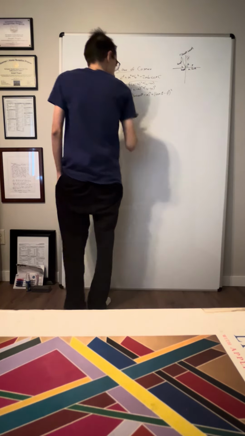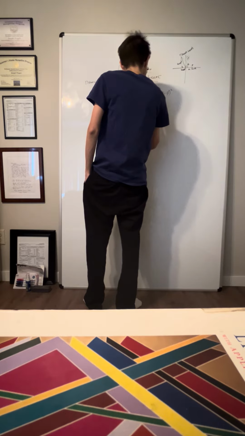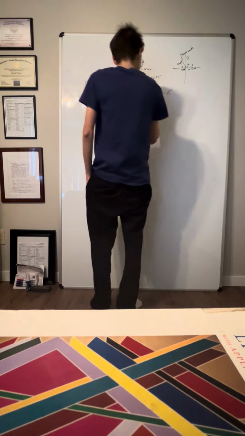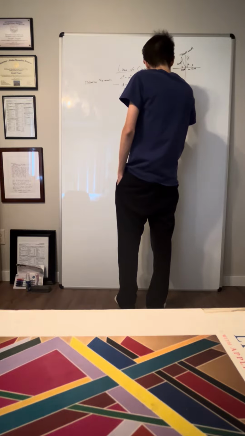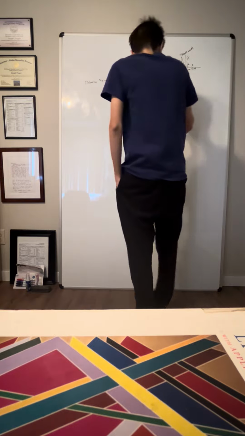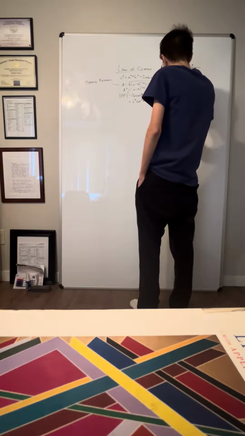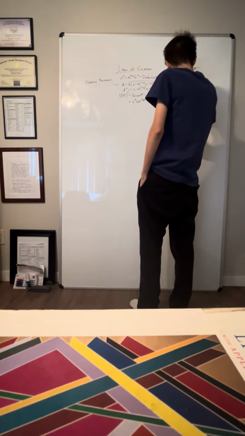That doesn't do anything, so we can just cross that out. Now we multiply this out, so we get b squared cosine squared theta, then two pieces of ab cosine theta, and then a squared, plus b squared sine squared theta.